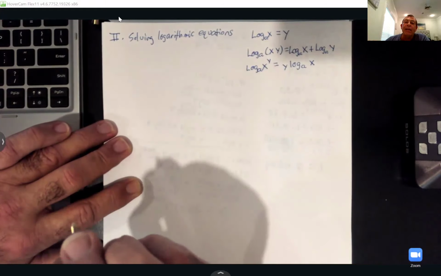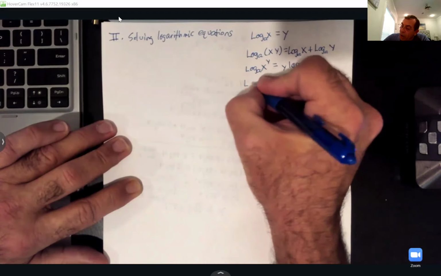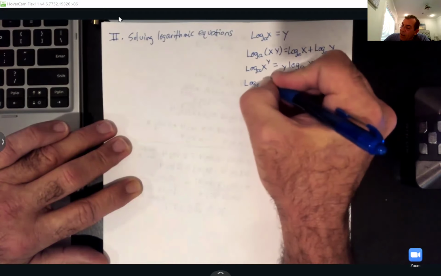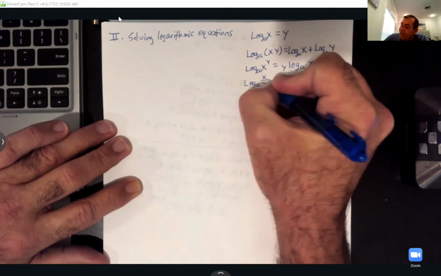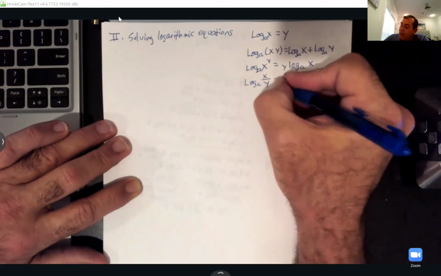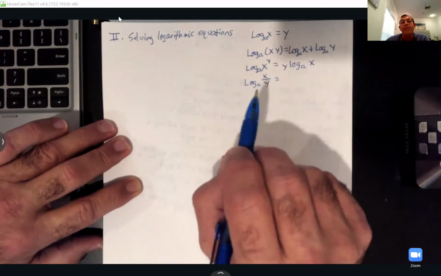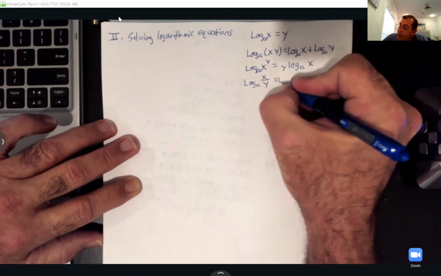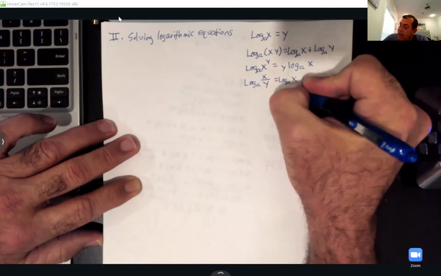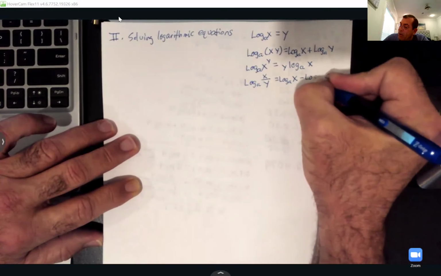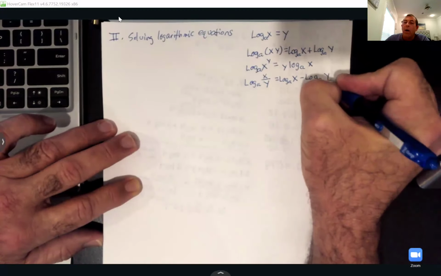And then finally, we had the quotient rule, log A of x divided by y. Remember, quotients were rewritten as differences. So this will be log A of x minus log A of y.